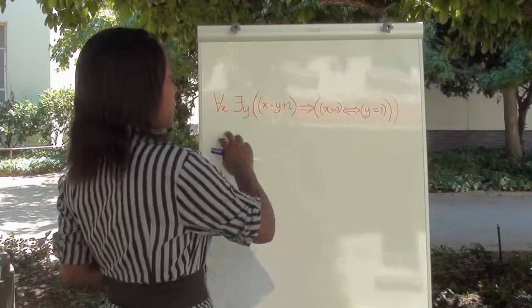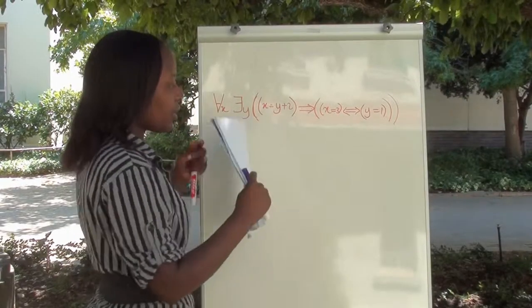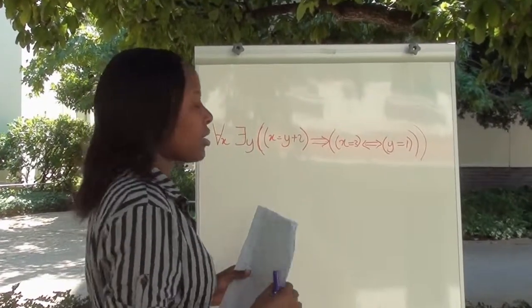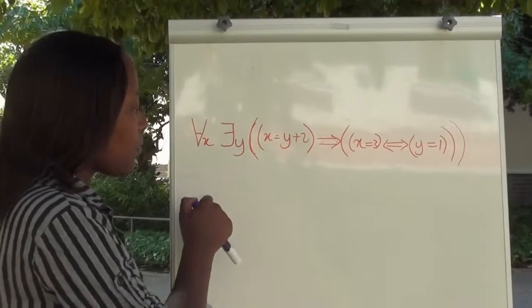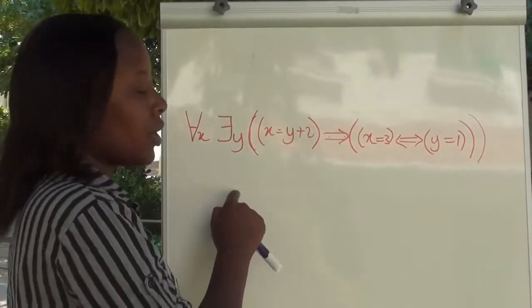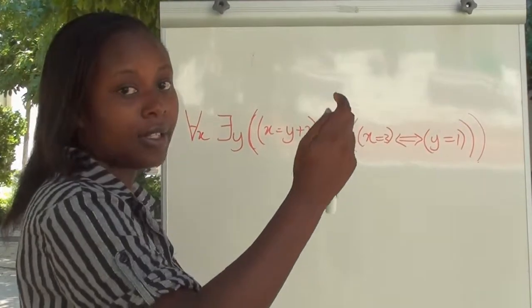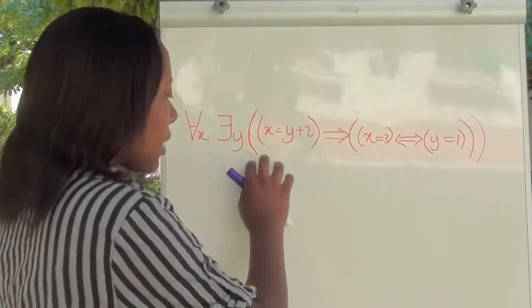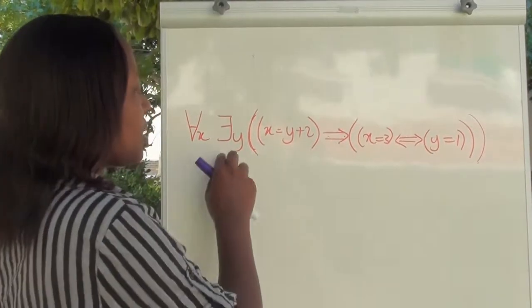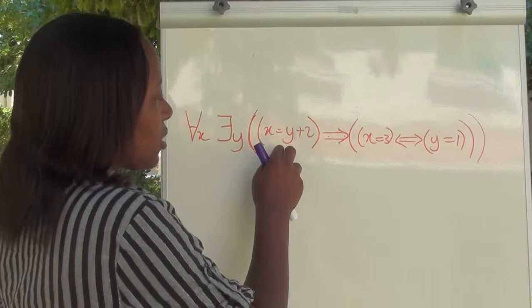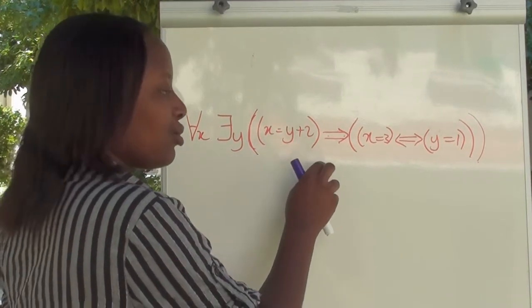Now, let's look at this following example that will include everything that we know so far about all the quantifiers, the implication, the equivalence. So this statement is saying to us, for all x, there exists a y such that all of that. Now let's look at what this whole expression says. It says, for all x, there exists a y such that x equals y plus 2.